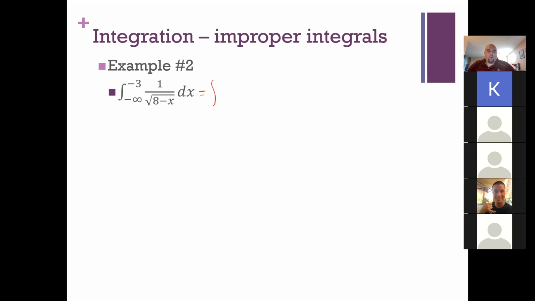So I'm going to swap out my negative infinity with, I'm going to call it negative b. But really, you could call it positive b and just make b go to negative infinity. A lot of different ways to go. I'm also going to put a rewrite in here.